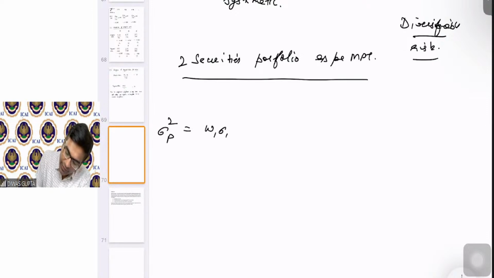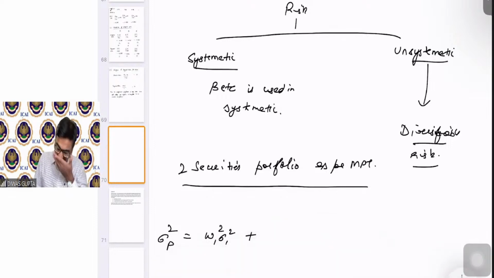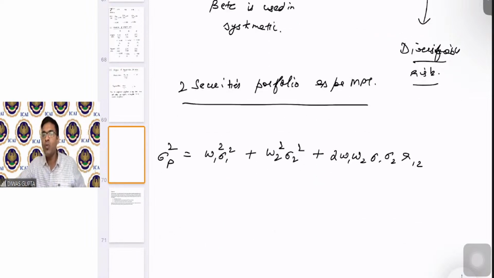Weight 1 standard deviation 1 square plus weight 2 standard deviation 2 square plus 2 weight 1 weight 2 standard deviation 1 standard deviation 2 R12. Okay, students. Now please focus here. See, this was the formula that was discussed, right?